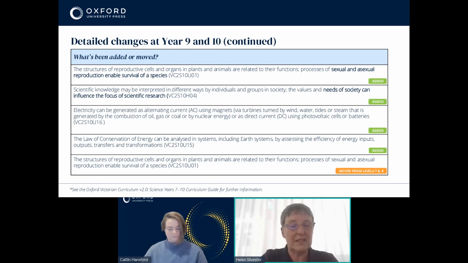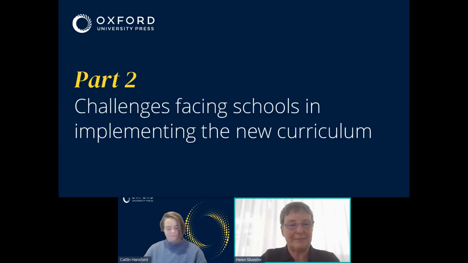So this is the introduction and the talking about the geosphere, the atmosphere, the biosphere, and the hydrosphere. Thank goodness I remembered them all. The outputs, inputs, and transformations of energy. And reproduction of plants. Oh, I've already mentioned that one, so I've doubled up on that, so my apologies.